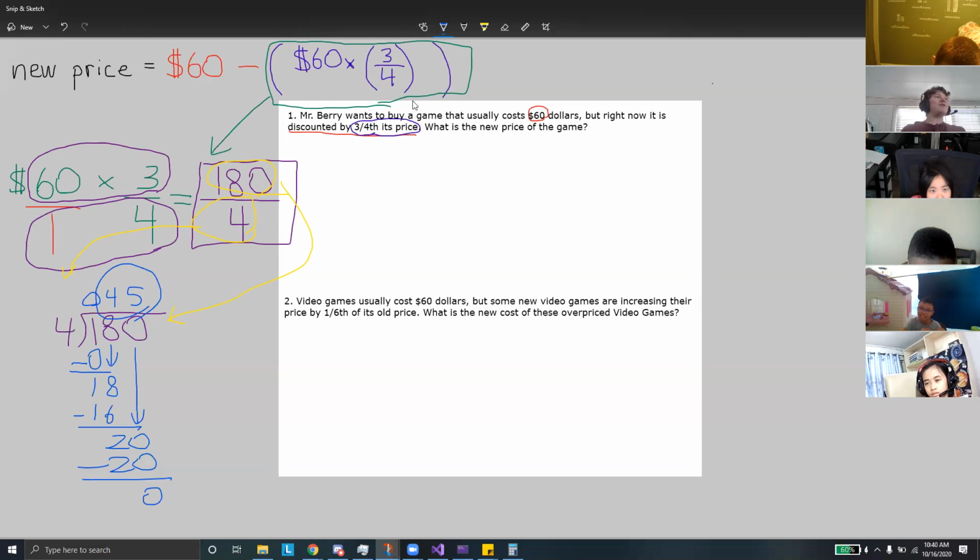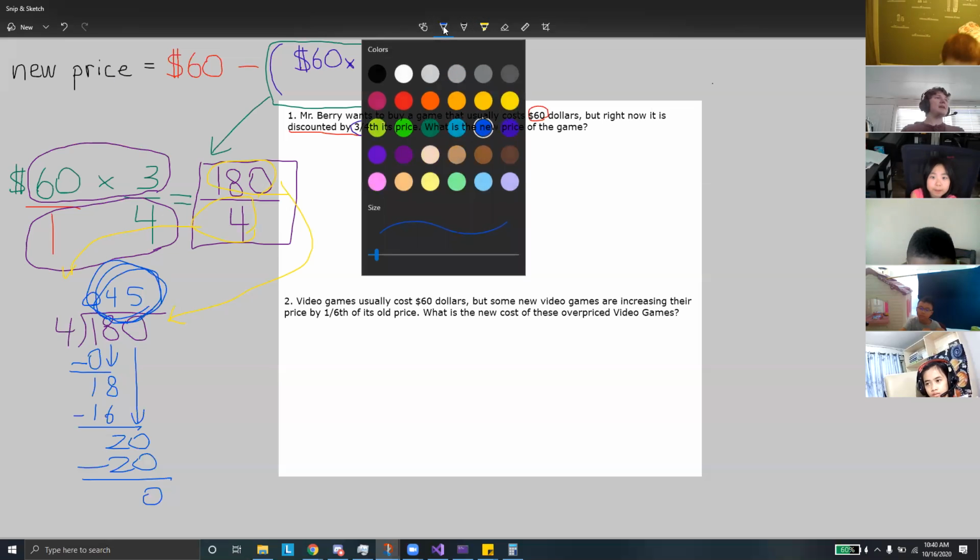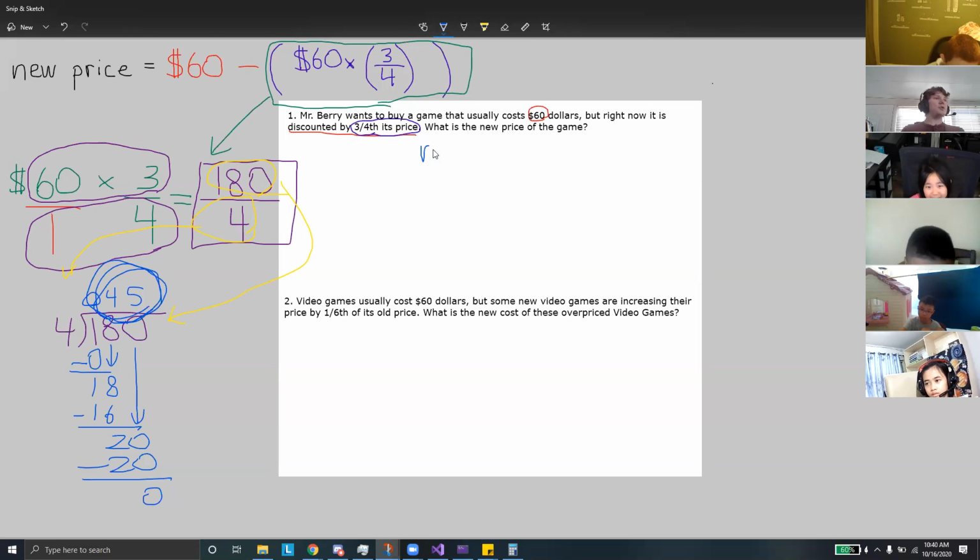So remember, we've only solved half of our problem because to find the new price, we need to do new price equals $60 minus the discount. This is the discount, and we found out that the discount is $45. So let's rewrite it one more time. New price is equal to this right here, $60 minus $60.